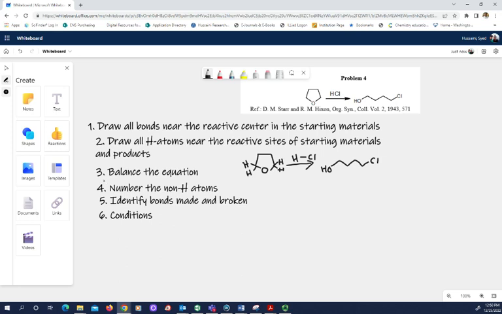Then number the non-hydrogen atoms. So here I will only number the ones that are near the reactive site, but if you're not sure where the reactive site is, you can number them everywhere.